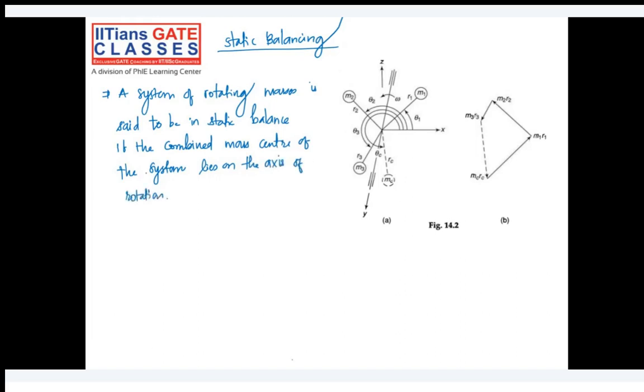A system of rotating masses is said to be in a state of static balance if the combined mass center of the system lies on the axis of rotation.